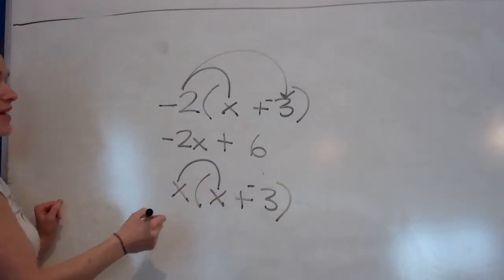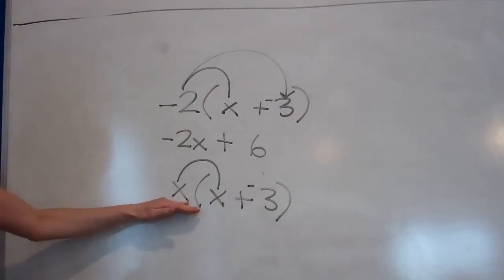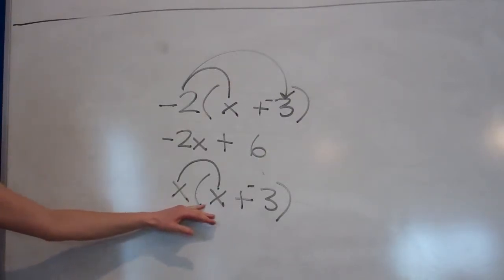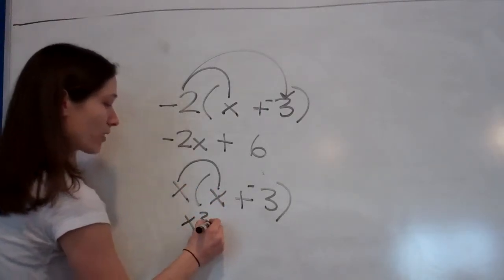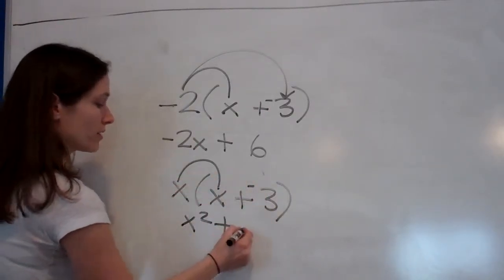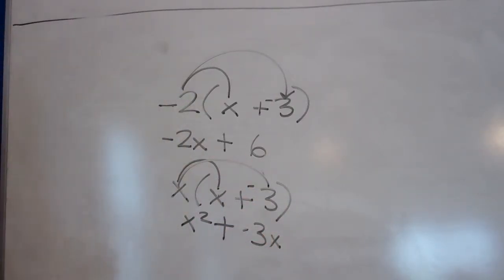Imagine if this said feet, and you're multiplying feet. It would be feet squared. But if you're adding feet, 5 feet plus 3 feet equals 8 feet. So we are multiplying here, therefore it would be squared. So x times x is x squared, plus negative 3x. Everybody got it?